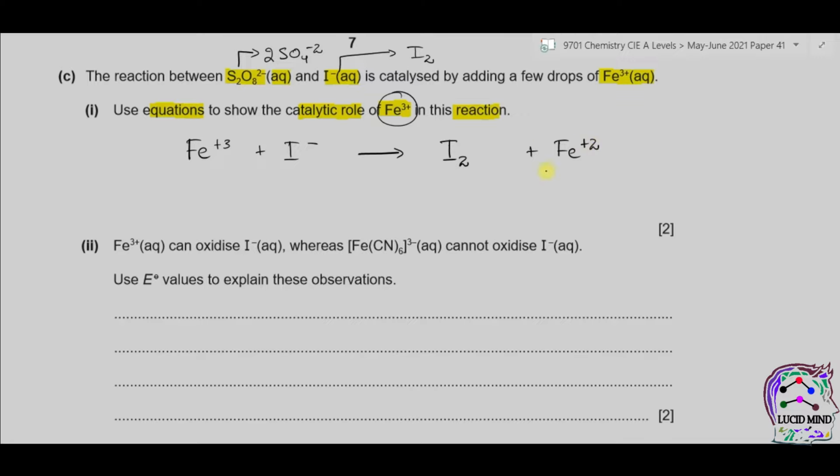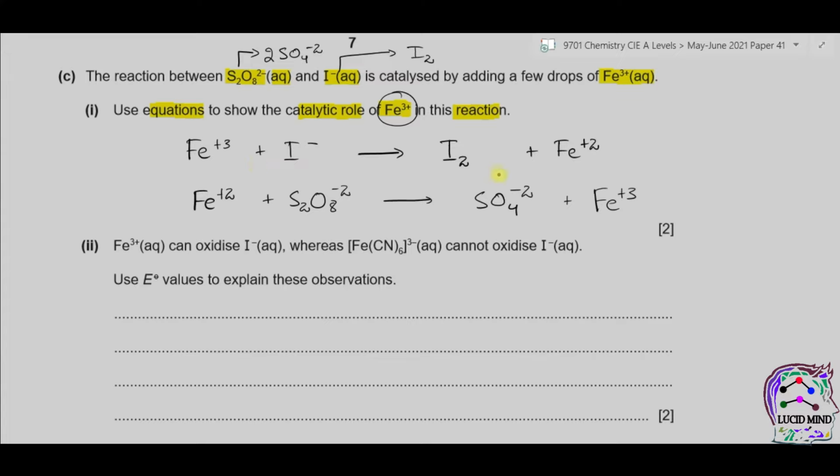In the second equation, iron plus 2 will react with S2O8 2- and convert that into sulfate, and itself it is again converted back into iron plus 3.